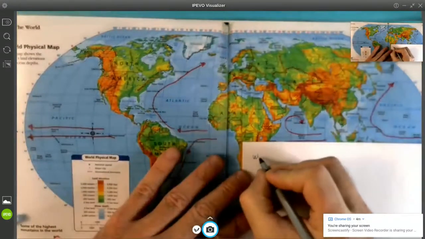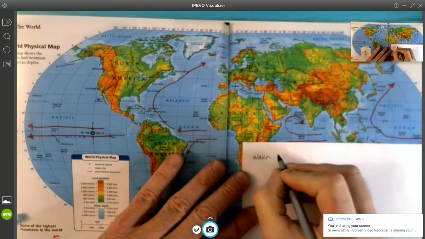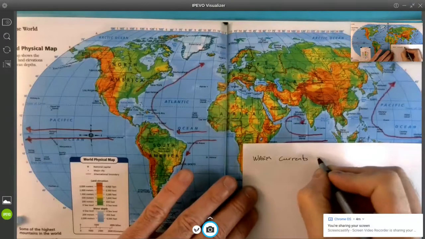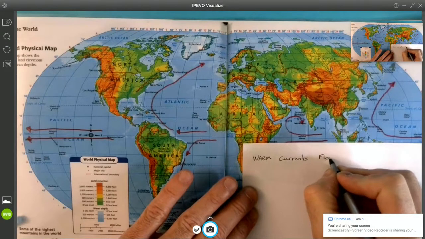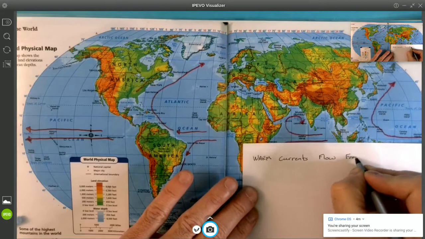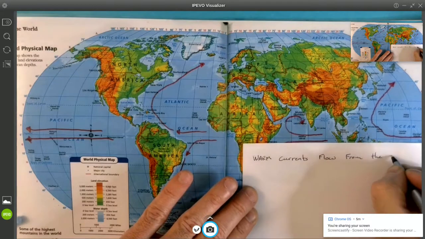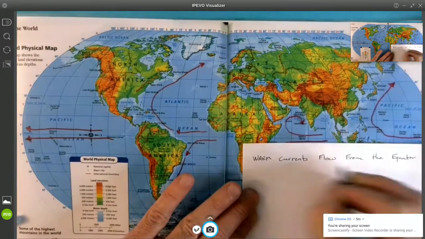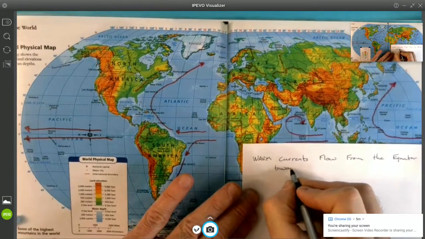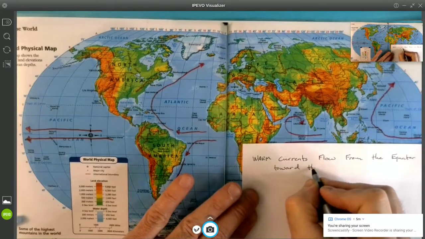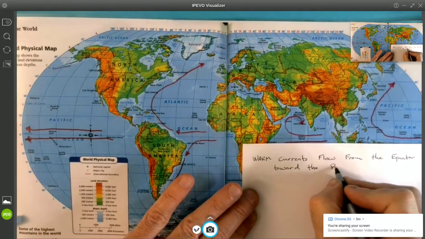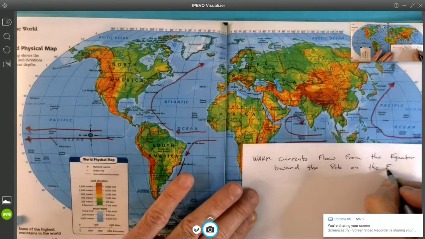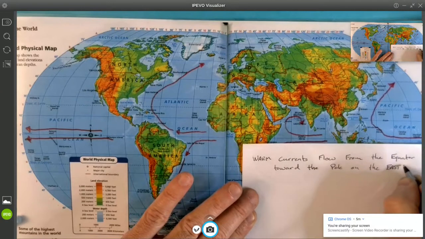Warm currents also flow from the equator toward the poles on the east coast.